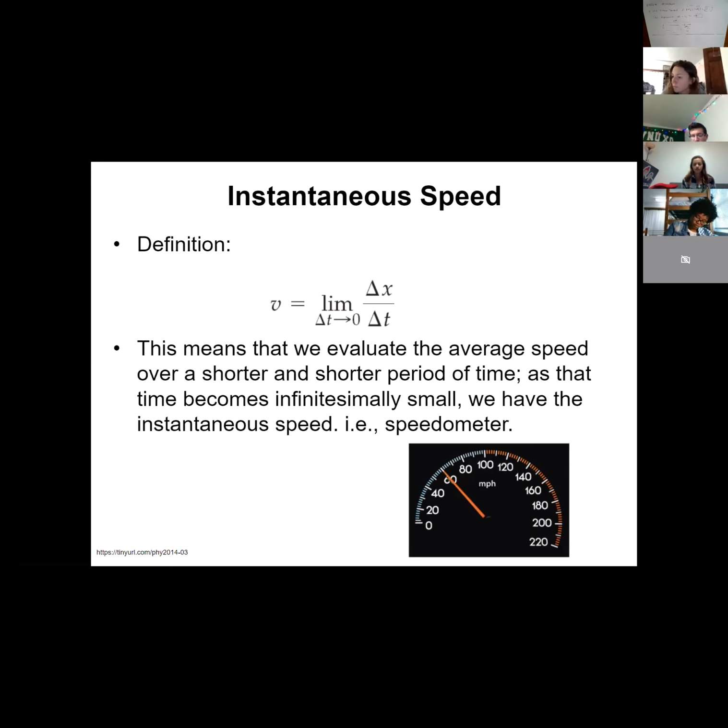But if you're asking me my average speed, then we just do the total distance divided by the total time it takes. If you are asking what's the instantaneous speed at a given moment, say at 8:30, then I will look at my speedometer and say, oh, it's 50 miles per hour at that instant. So my average speed might be 45, but my instantaneous speed will be changing all the time.